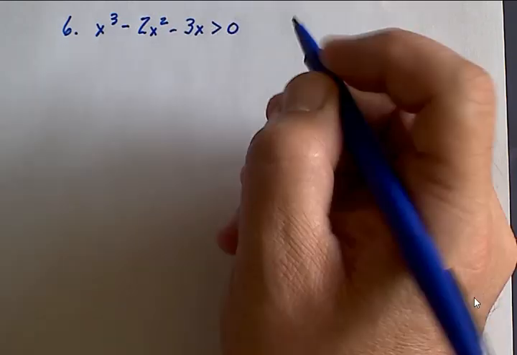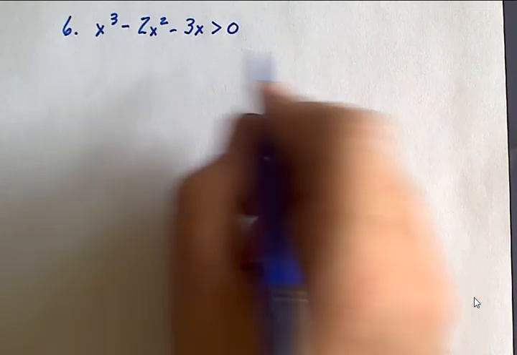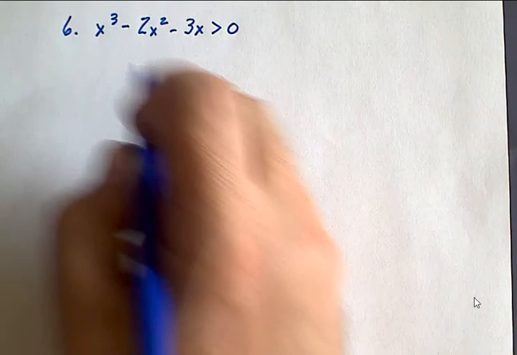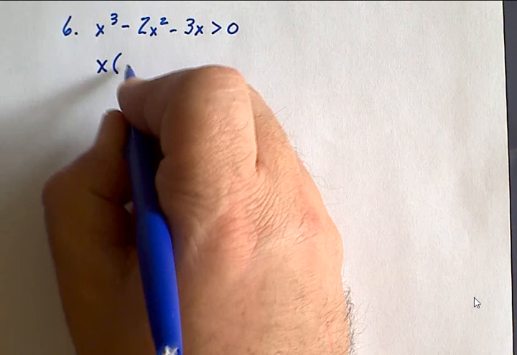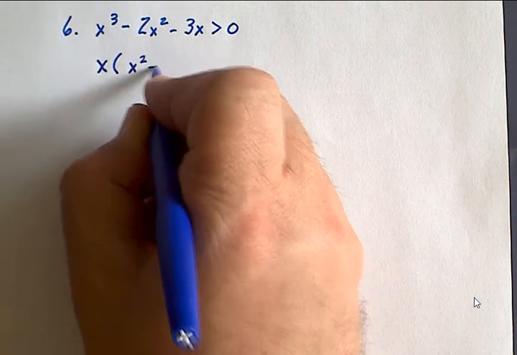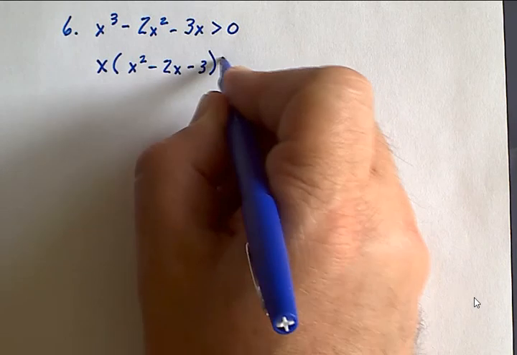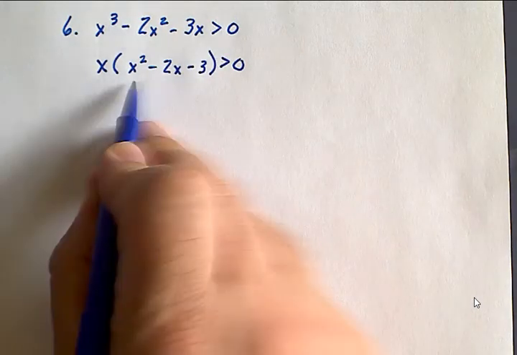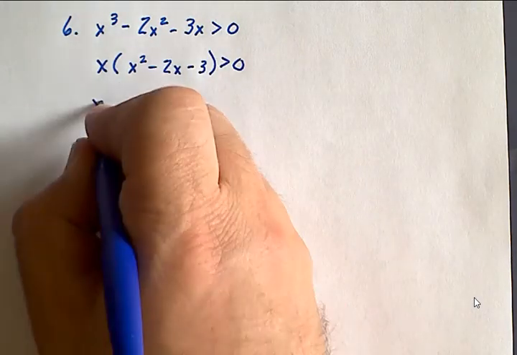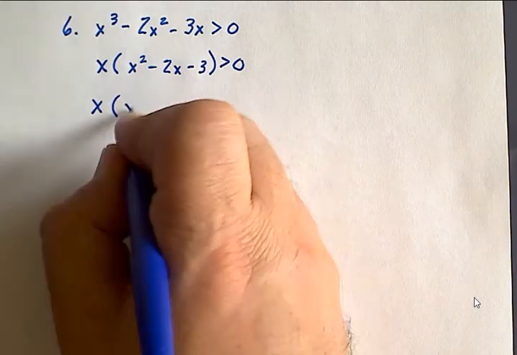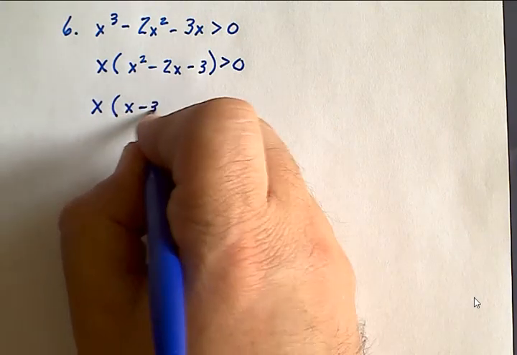So the first thing I'm going to do here is see the greatest common factor of x. That leaves me with an x squared minus 2x minus 3, which is a quadratic. I can unfoil the quadratic into an x minus 3 and an x plus 1.